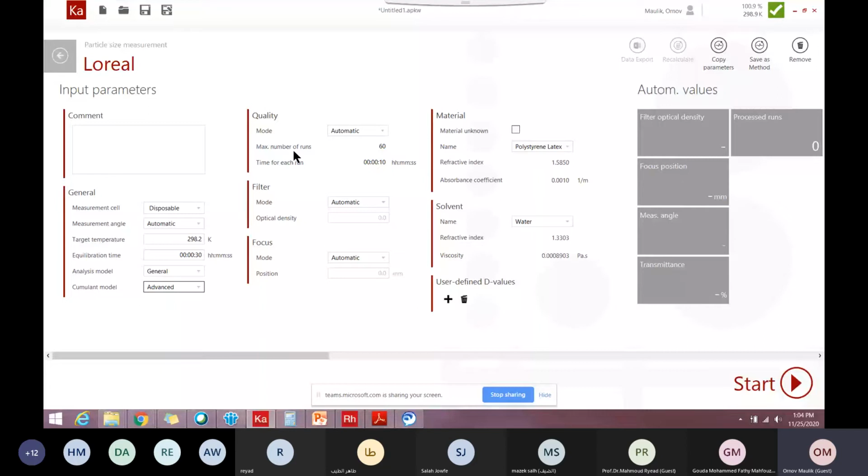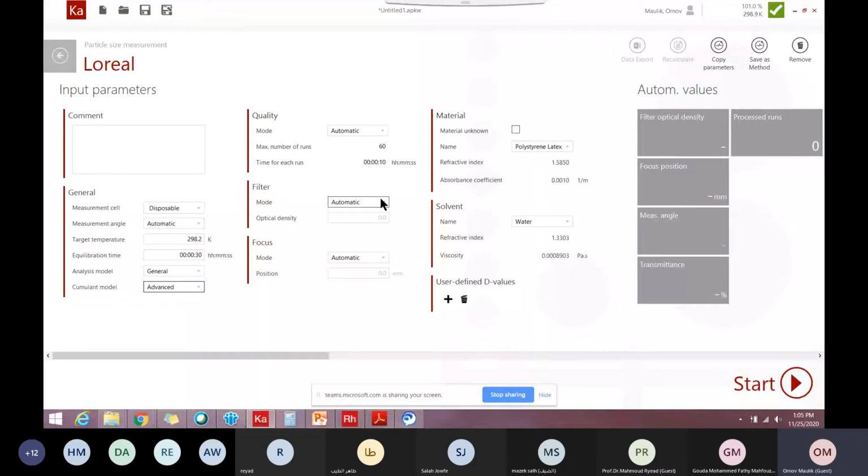Then the measurement mode or measurement maximum runs for the measurement is automatically detected by the instrument. You have different filters, which is actually the optical density of your sample. If you exactly know the value of the optical density of your sample, then you can input it manually.